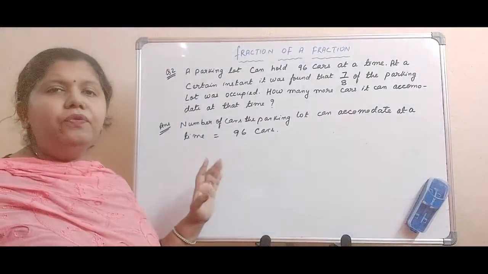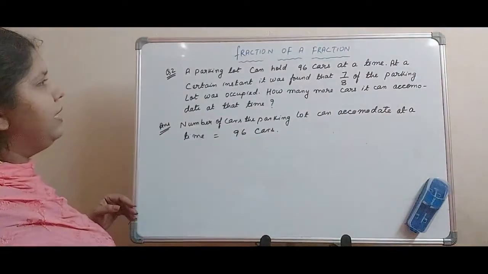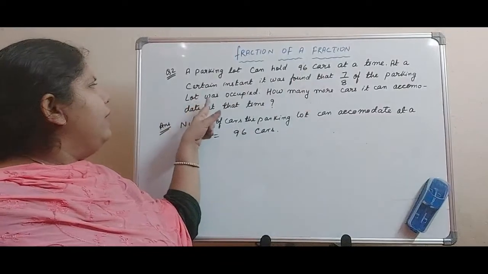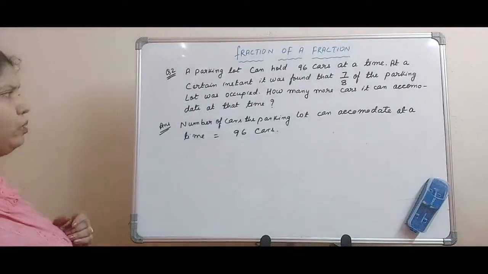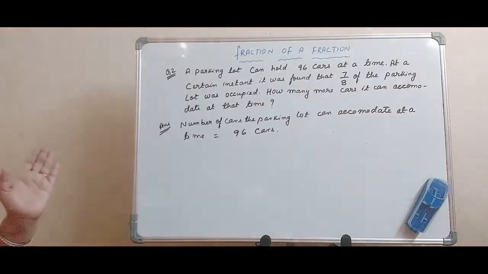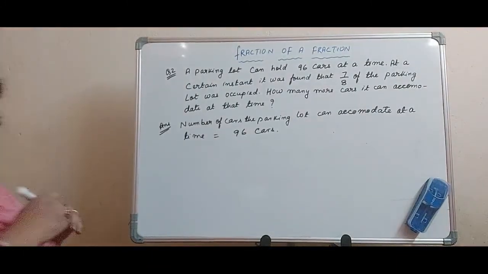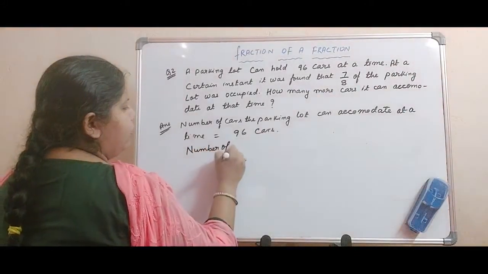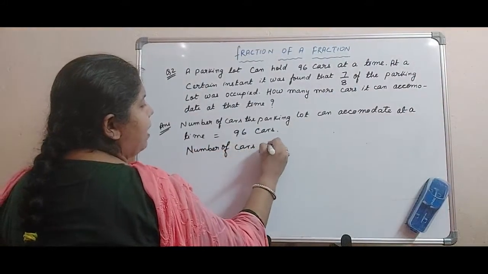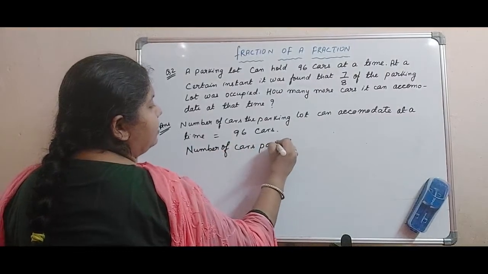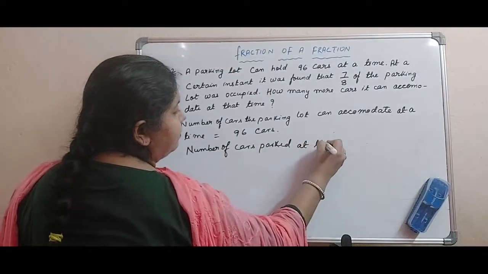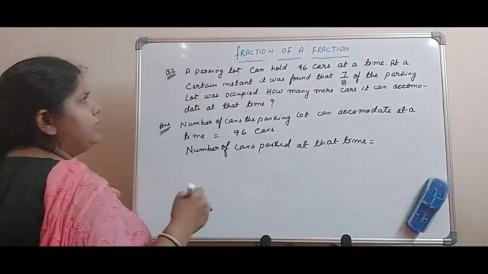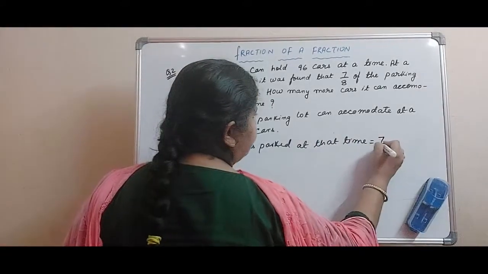Is it okay? Now we come to the second sentence. What is it telling? At a certain instant, it was found that 7 by 8 of the parking lot was occupied. So what you will write? Number of cars parked at that time. How many is it? 7 by 8 of 96.